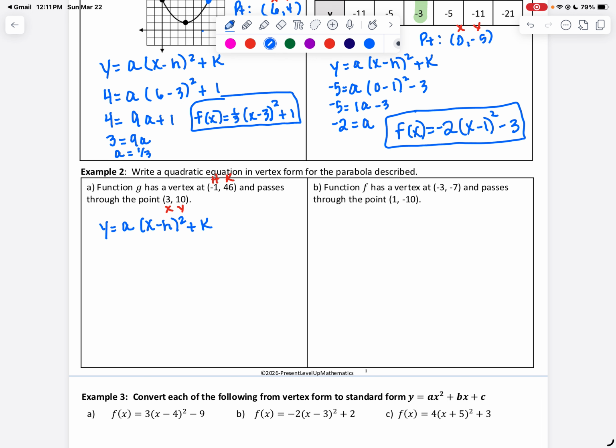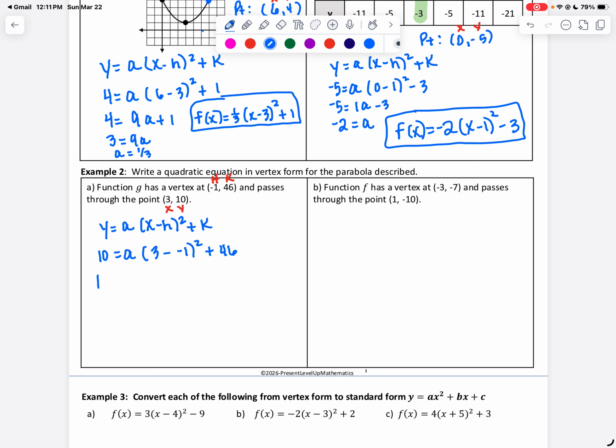So for the y, we'll plug in a 10. We don't know the a. For the x, we will plug in a 3 minus h, which is -1, squared, plus k, which is plus 46.